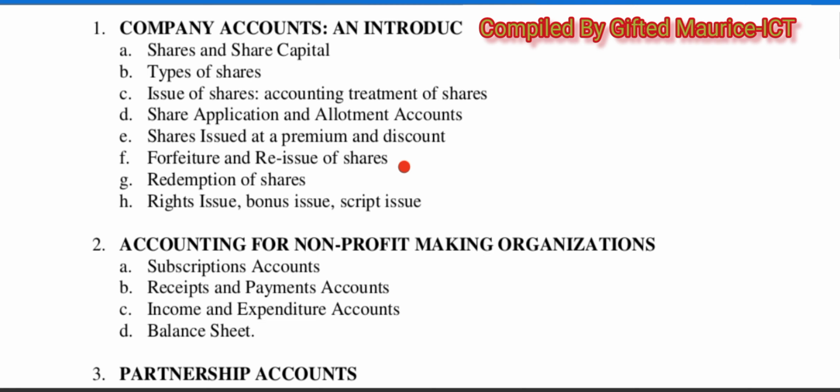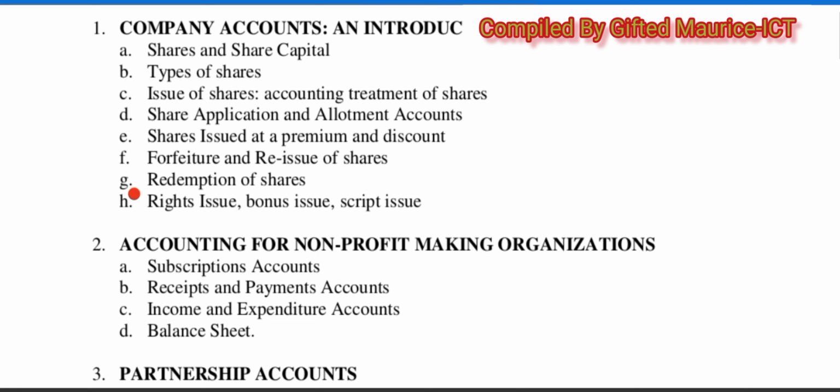Now, having said that, then we have what we call redemption of shares. When we talk about redemption of shares, we are talking about buying back previously issued shares. So there are those types of preference shares, and remember it's only preference shares of a particular type that can be bought back by the company.